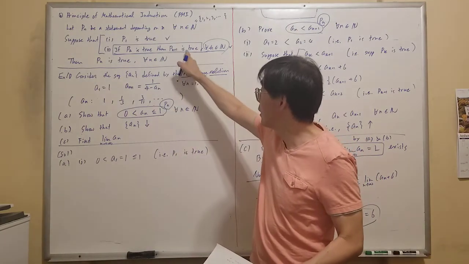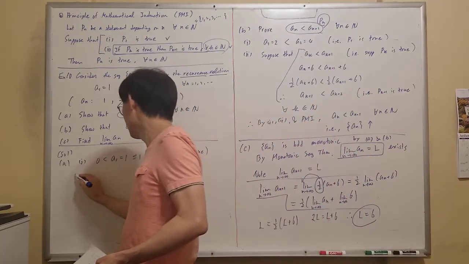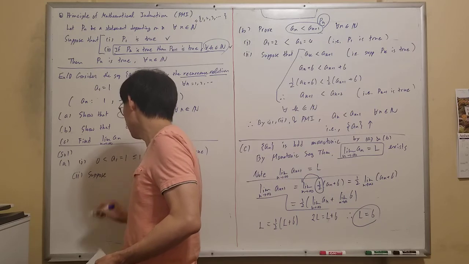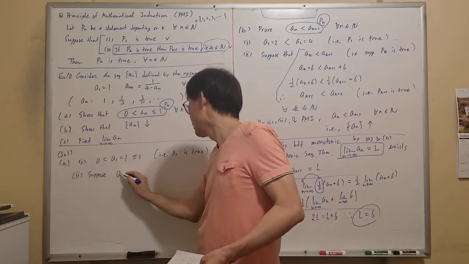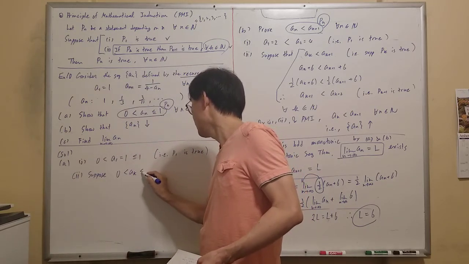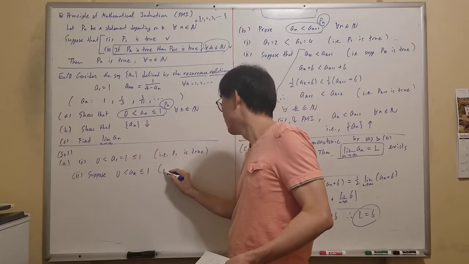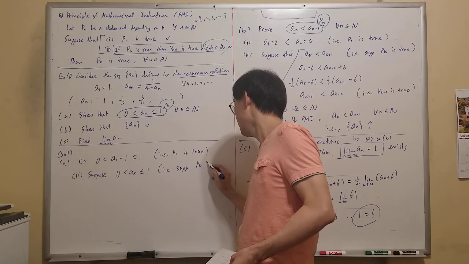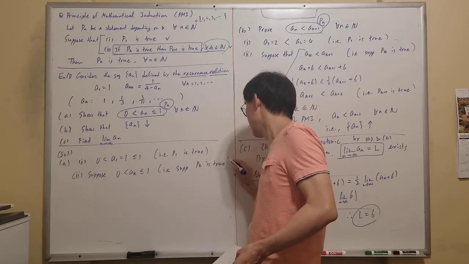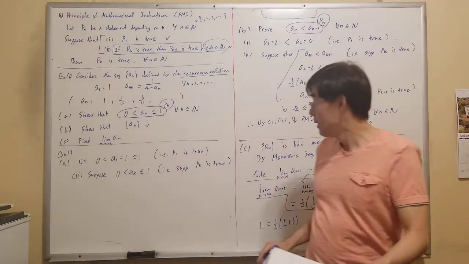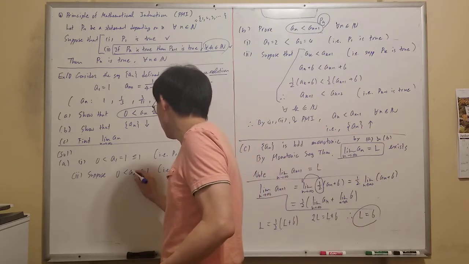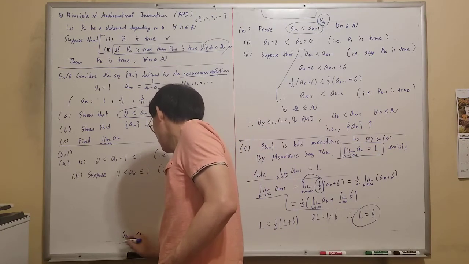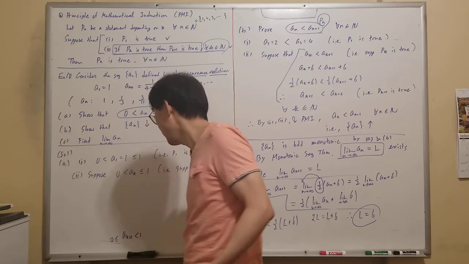To do the induction step, the second one. Suppose that P_k is true, which means your a_k is between 0 and 1. Now from there we have to show a_{k+1} is also between 0 and 1.